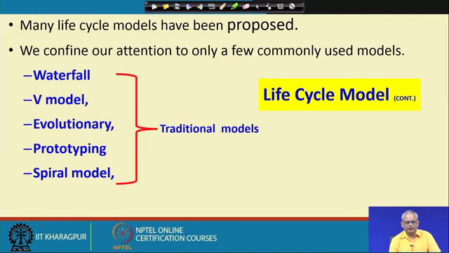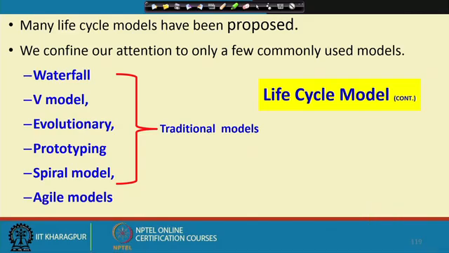Now, we will start looking at the important life cycle models, the traditional models like waterfall, V model, evolutionary, prototyping, and spiral model, and also the modern agile models. But right now, we are just nearing completion of this lecture. We will break here and we will start from this point in the next lecture.